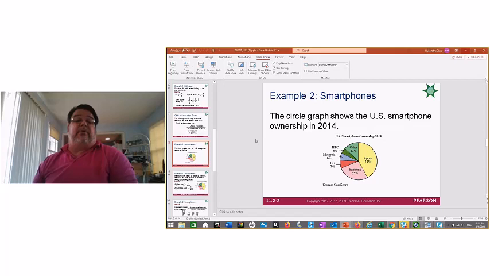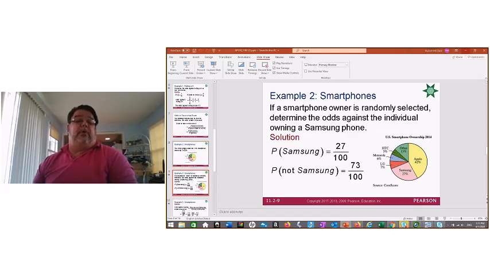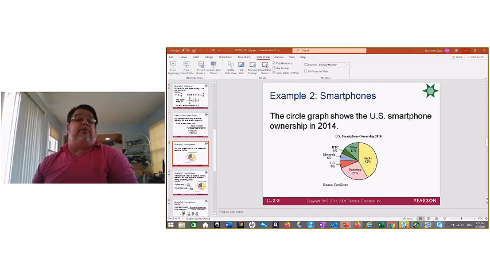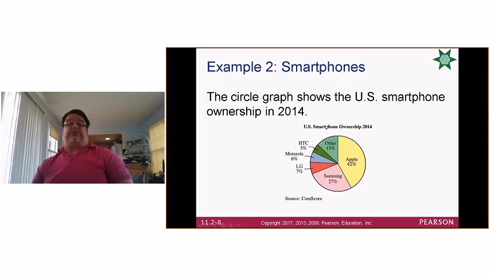Okay, what is this? I don't believe I've seen this before. Oh, I see. The circle graph. This is a standardized test question. The circle graph shows the U.S. smartphone ownership in 2014. So I want to give y'all a minute to write that down. Do a circle and just draw the triangles.